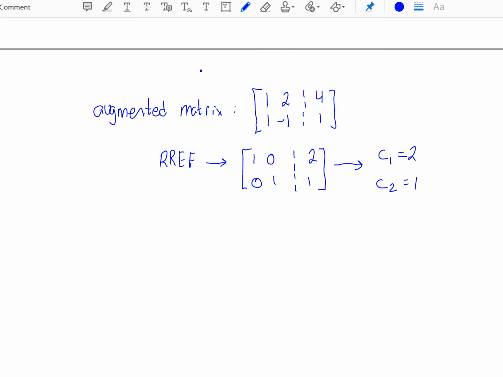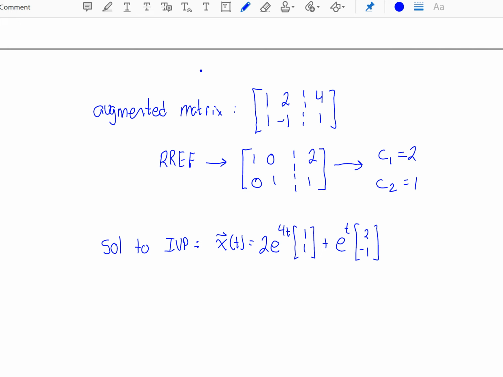This allows us to write the solution to our initial value problem as x of t equals 2e to the 4t times our column vector 1, 1 plus e to the t times our column vector 2, negative 1. This is the solution to our initial value problem.